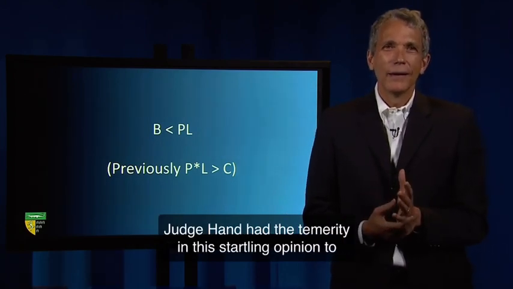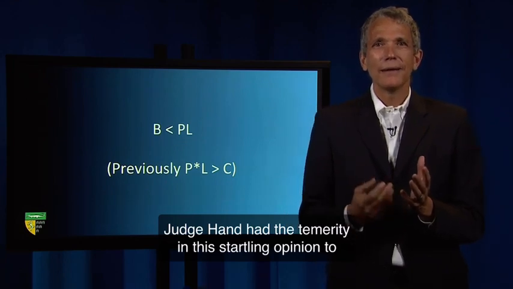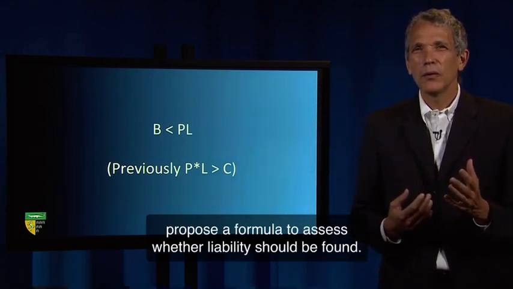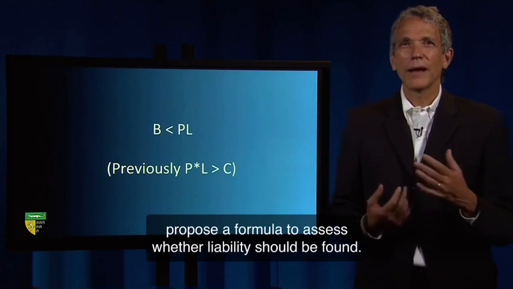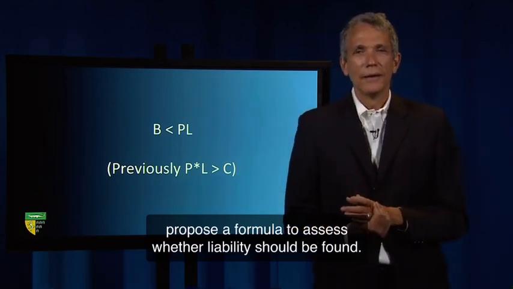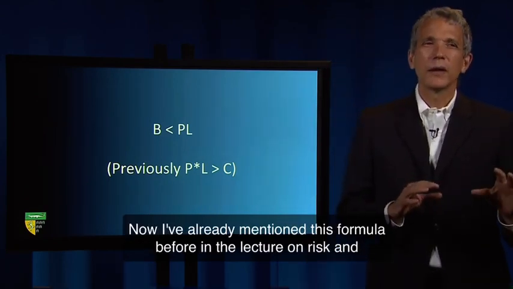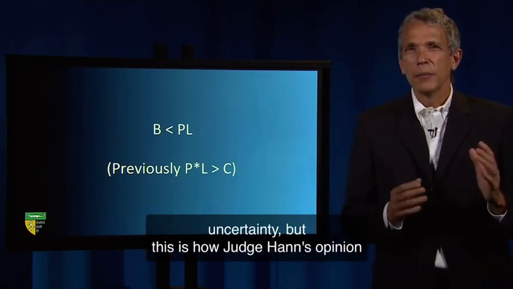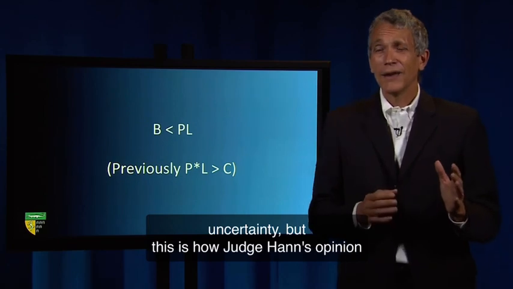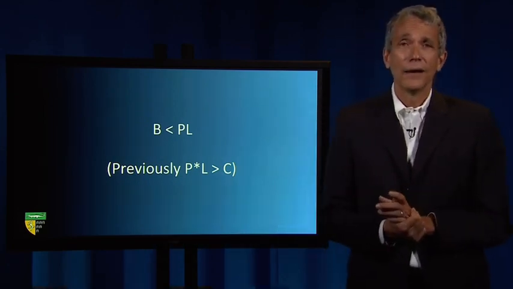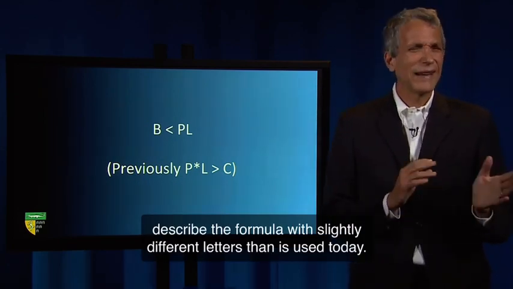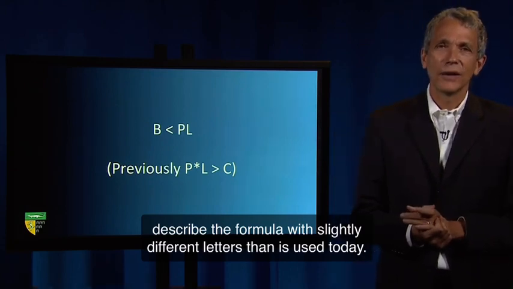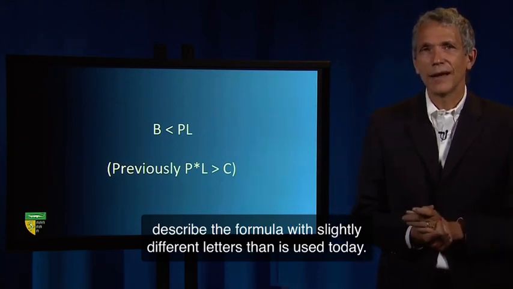Judge Hand had the temerity in this startling opinion to propose a formula to assess whether liability should be found. Now, I've already mentioned this formula before in the lecture on risk and uncertainty, but this is how Judge Hand's opinion described the formula with slightly different letters than is used today.